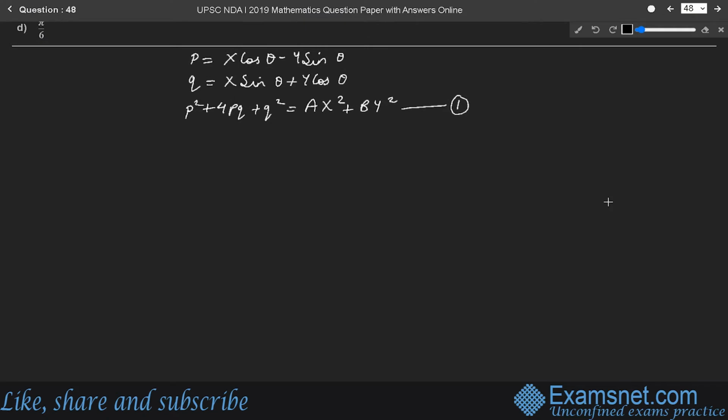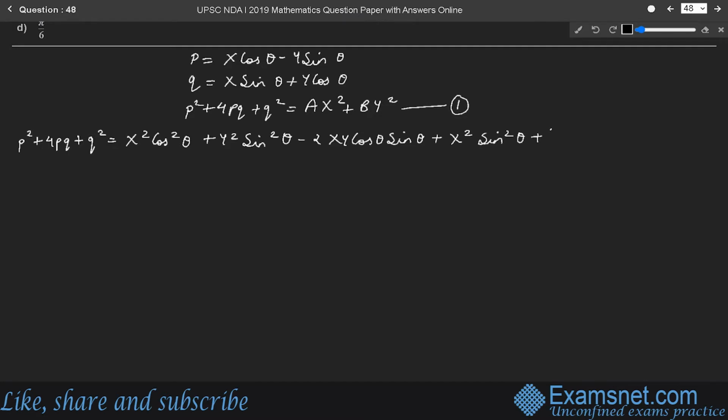This can be written as P square plus 4PQ plus Q square is equal to x square cos square theta plus y square sin square theta minus 2xy cos theta sin theta plus x square sin square theta plus y square cos square theta plus 2xy sin theta into cos theta plus 4 into (x cos theta minus y sin theta) into (x sin theta plus y cos theta).